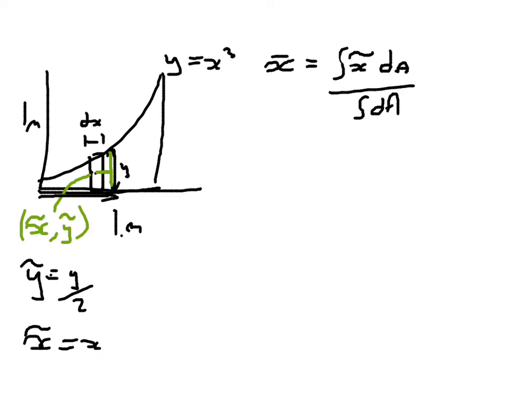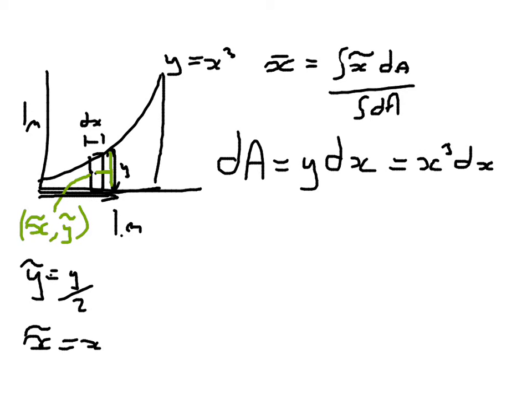So our area dA is going to equal, for that rectangle, y, the height, times the width, dx. Well, y, we're told for this line, is x cubed. So that's the same as x cubed dx. Our x tilde position, we've already said, is x. Our y tilde position, we've said, is y over 2. And y is x cubed, so it's x cubed over 2.